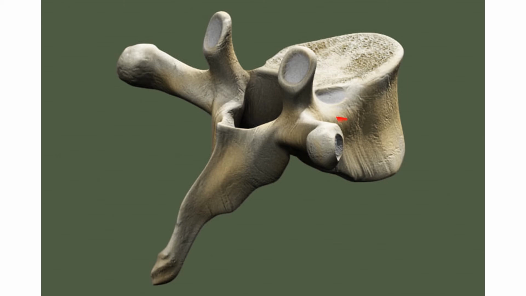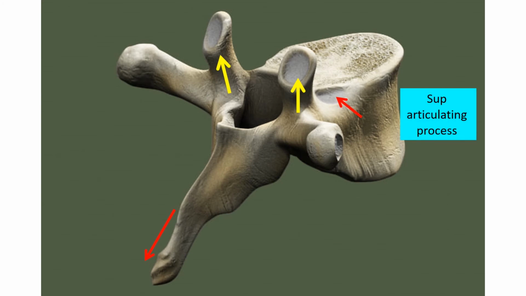Reason number one is that there is an articular facet on the body for the rib, and the spine is directed downwards, plus the superior articulating facets of the superior articulating processes are facing posteriorly, and the lower articulating processes have their facets directed anteriorly.